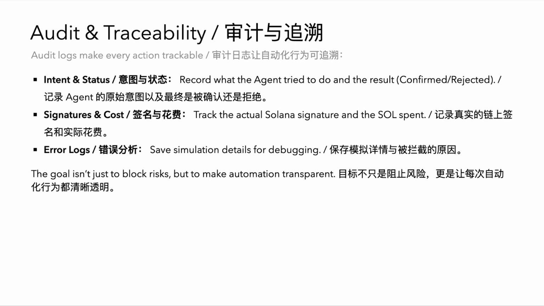This makes it easier to understand whether the request failed because of a whitelist rule, a daily limit, simulation failure, or panic mode. This is important for real agent workflows because automation must be transparent. If an agent is acting on behalf of a user, the user should be able to review what the agent attempted, what was allowed, what was rejected, and why.